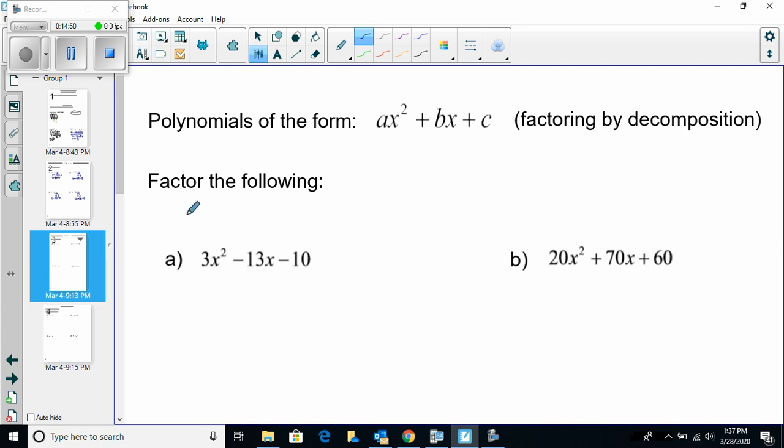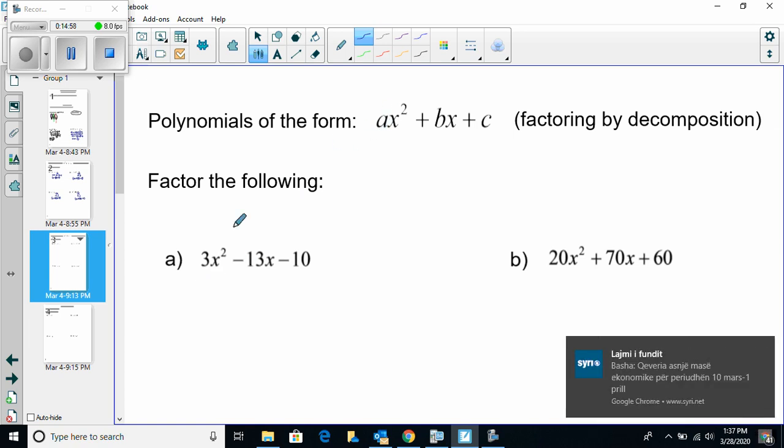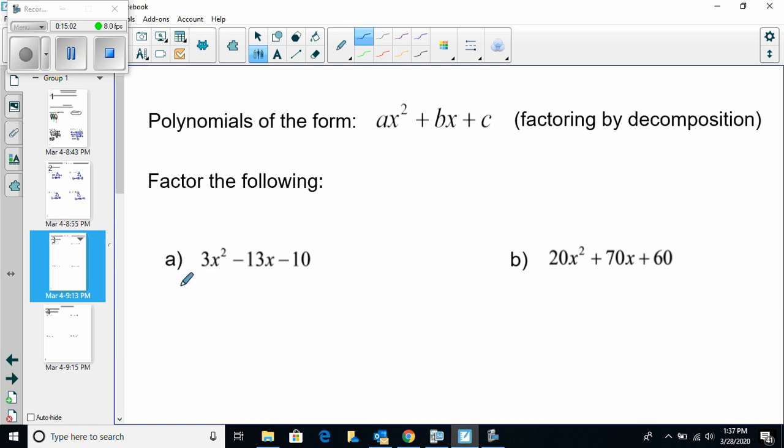But we know that the quadratic function is not all the time in the form of just x squared, but we will have that a term here. So in that case, what we have to keep in mind is that we have to multiply A and C together. So when we multiply them, we will have negative 30.